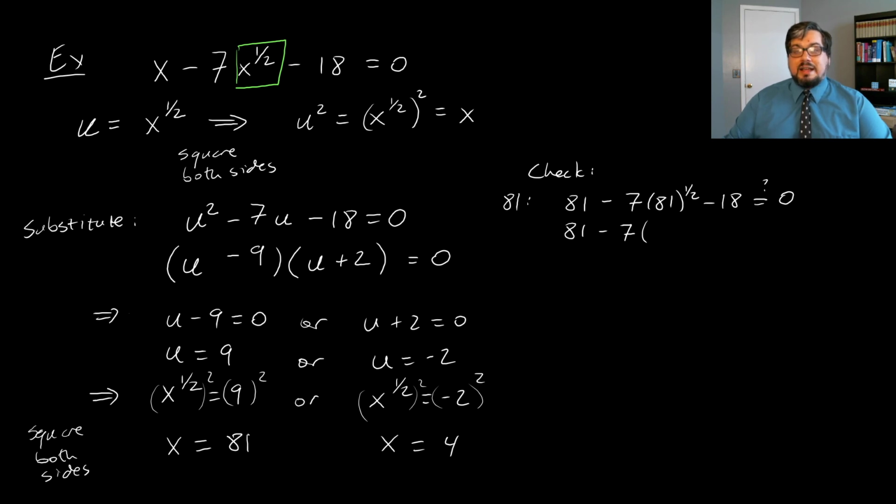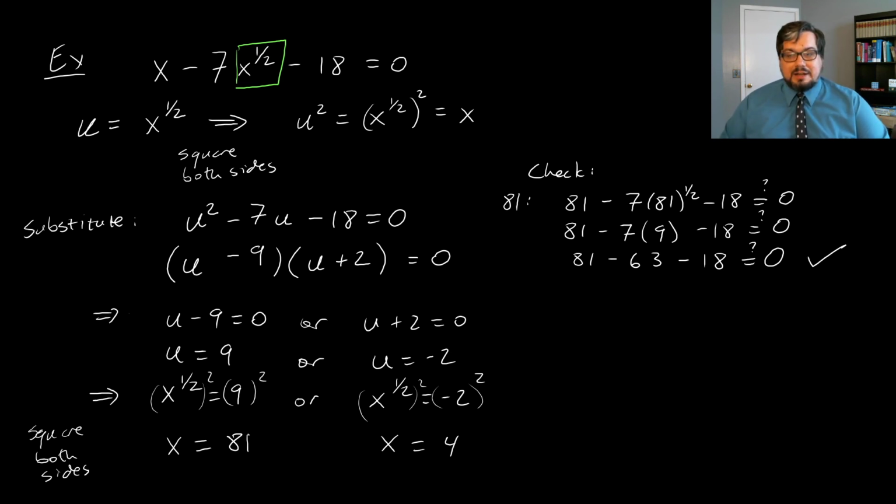So 81 to the 1/2 is just the square root of 81, which is 9. So we get 81 minus, now 7 times 9 is 63. So we get 81 minus 63 minus 18, and we ask, does that equal 0? Well, yes, it does when you do that subtraction. 81 minus 63 minus 18 does in fact equal 0, and so that means 81 is a solution.